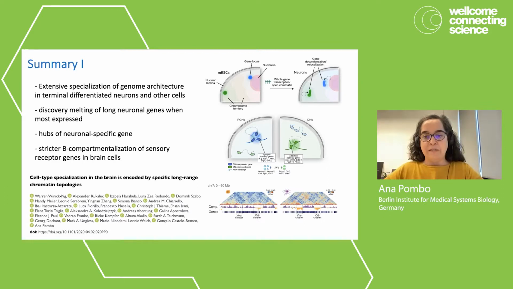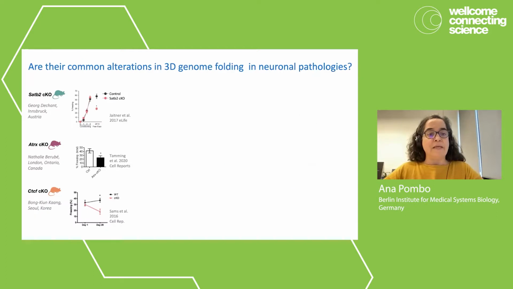that you can find publicly available. Now, just as a snapshot of where we're moving on, in particular in disease, we have produced GAM data for conditional knockouts of important chromatin regulators associated with learning disability.